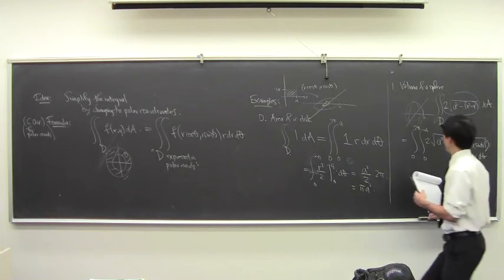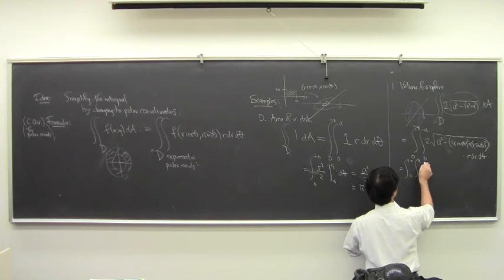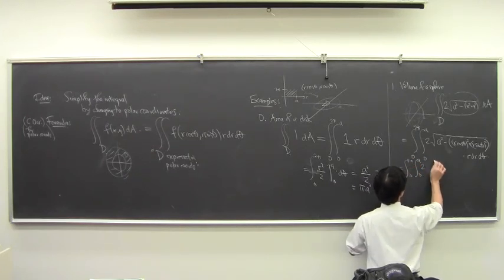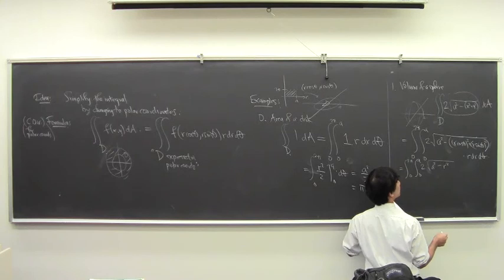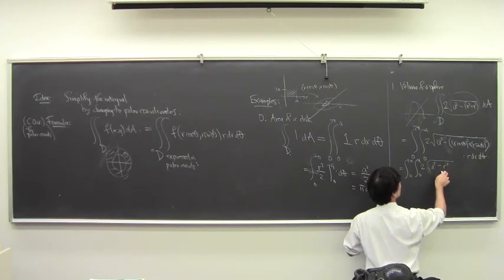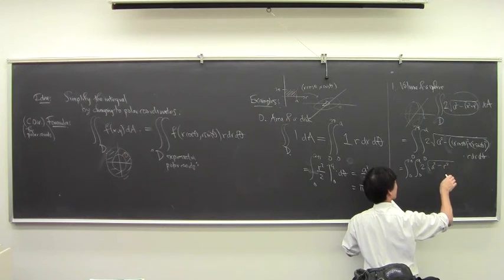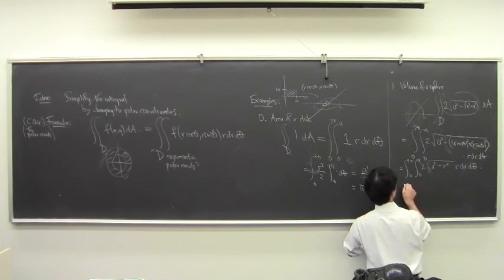So what do you get? The integral from 0 to pi, 0 to a, of 2 times the square root of a squared minus r squared, because r squared cosine squared theta plus r squared sine squared theta turns into r squared.